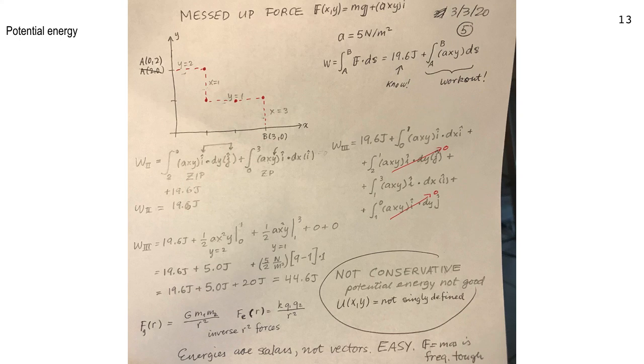And we know that the integral, so let's call this the work. We'll do the work integral. The integral from a to b of F dot ds is going to be 19.6 joules for the gravitational term, plus the integral from a to b of axy ds.